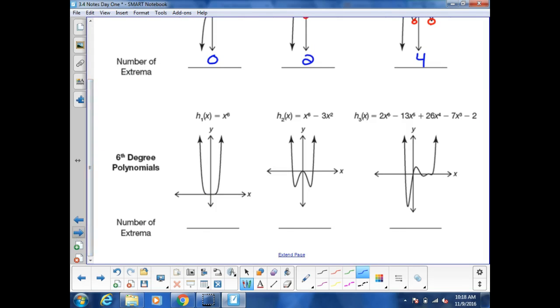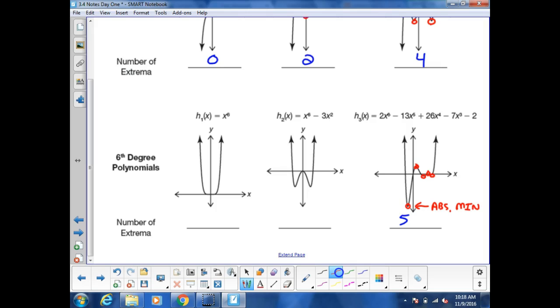6th degree. Again, I'm going to start on the right, and I'm going to come back to the left. So I got 1, 2, 3, 4, and 5 there. Any of them absolutes? The one on the left, that is an absolute right there. And that's going to be an absolute minimum, correct? Yes? Okay.